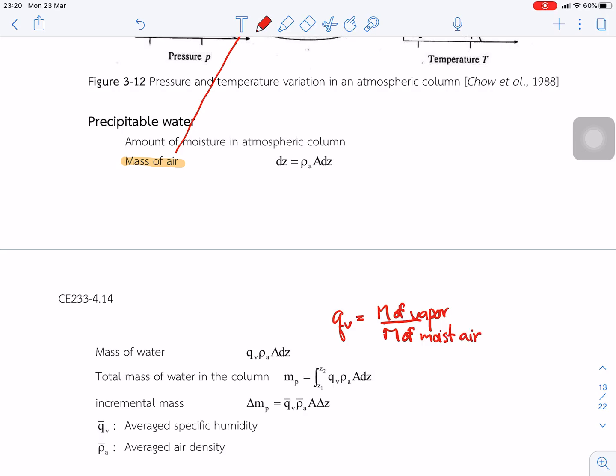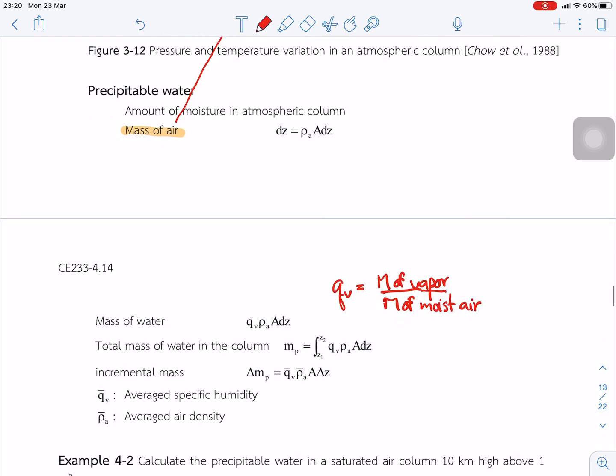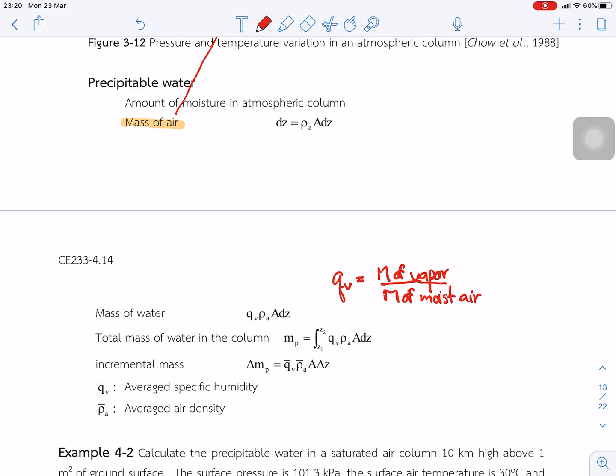So when we multiply by the mass of air, we get the mass of vapor, the mass of water converted from vapor.